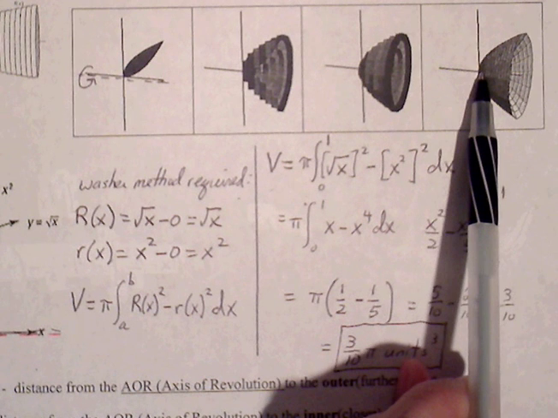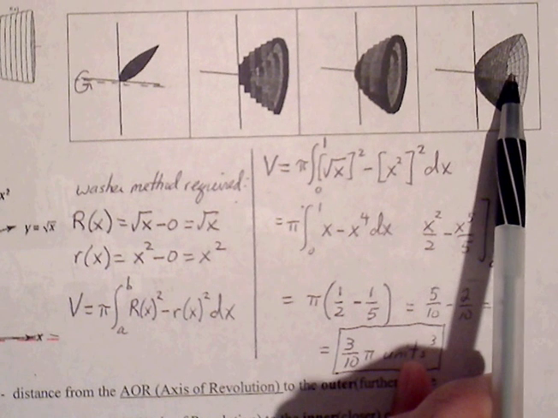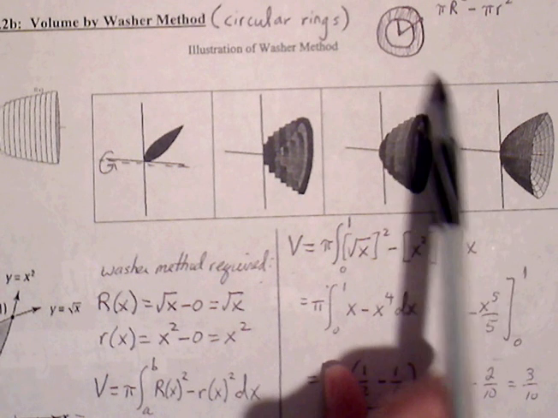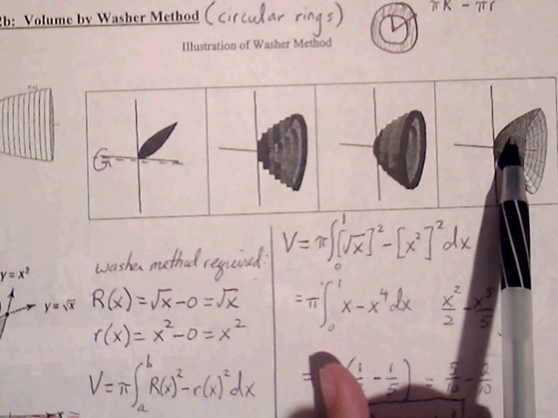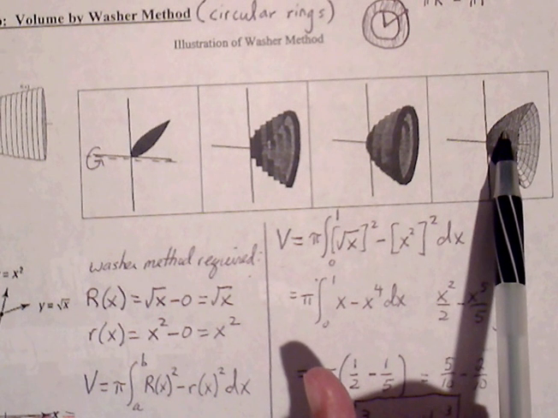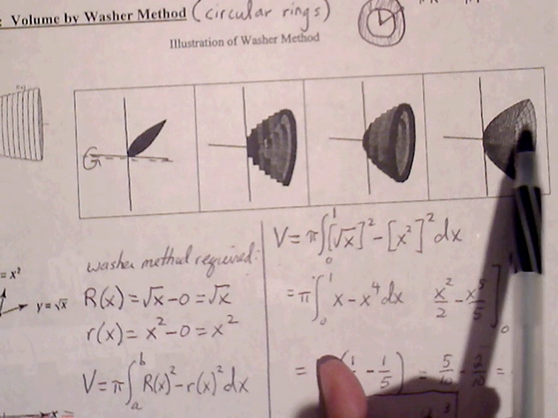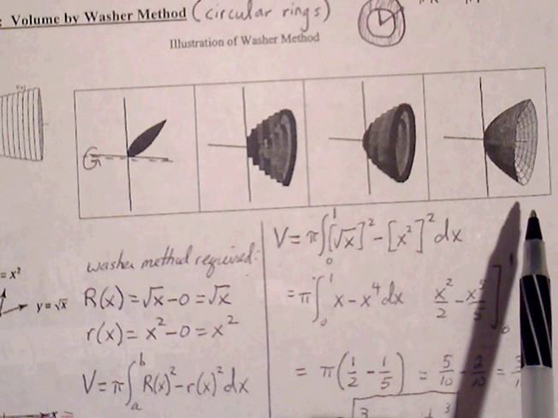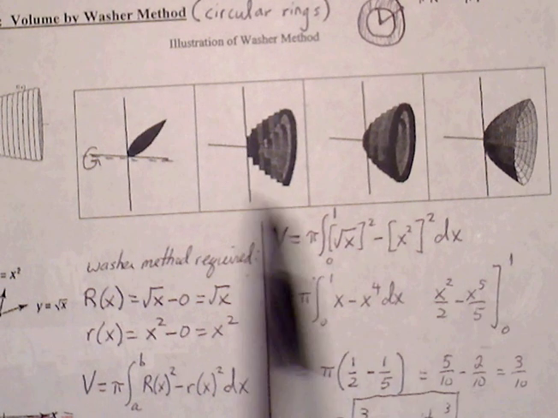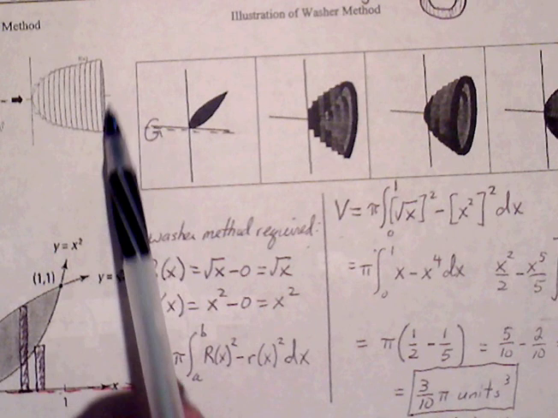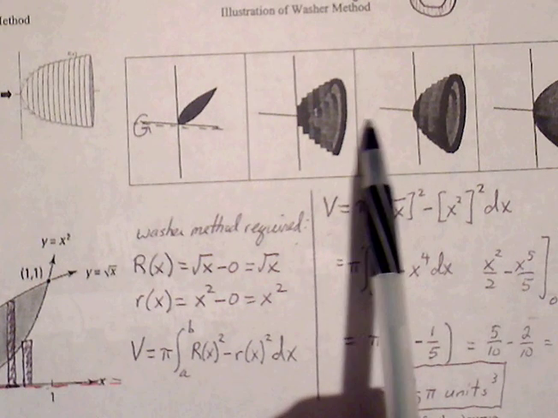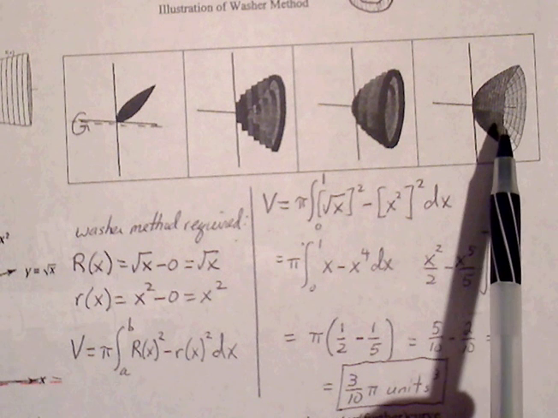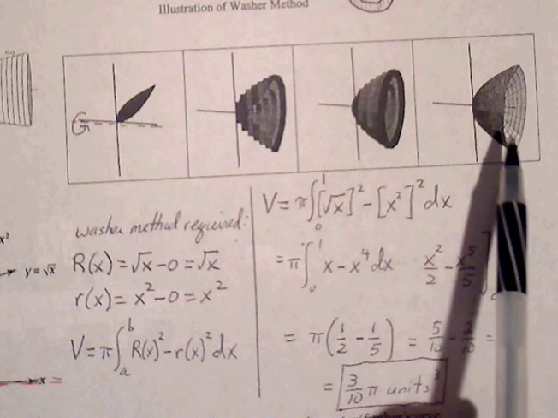Now the hole is not going all the way through, but anytime you have a gap or a ring-shaped figure like this, we know that we have to use the washer method, meaning that we have to subtract out a portion of this object if we want to find the volume. So here we don't have to subtract anything out. There's no gaps, there's no holes, but because of these holes and gaps, we have to make sure our volume formula reflects that, and we have to subtract out that hole.